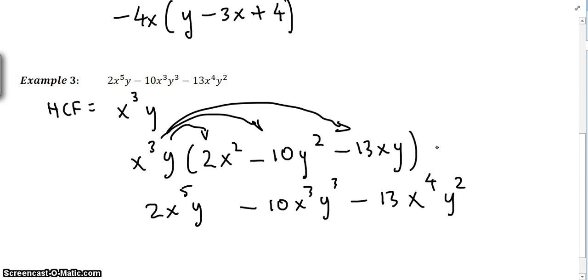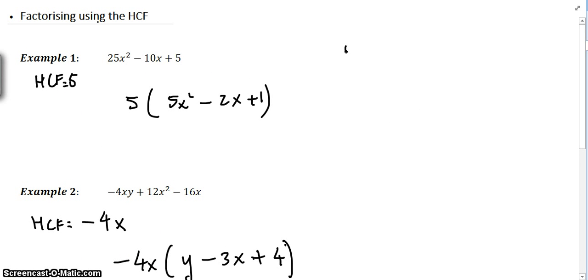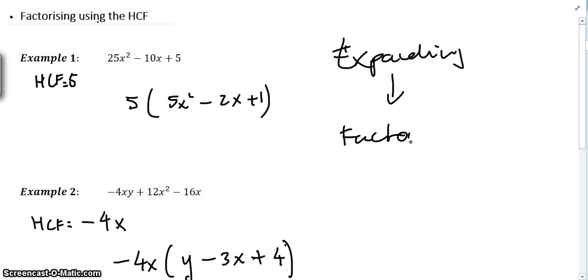So just keep that in mind as well, that the opposite or the inverse operation of expanding is factorizing. If you want to double check your answer, make sure that you understand the relationship between these two. If you're unsure, expand your answer again and see if you come up with the original question. If you come up with the original question, you've factorized it correctly.